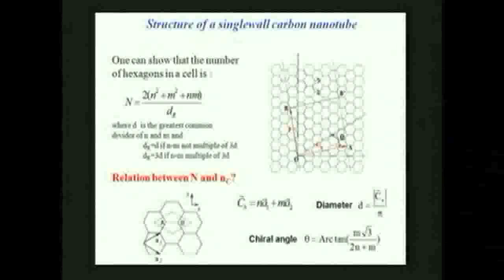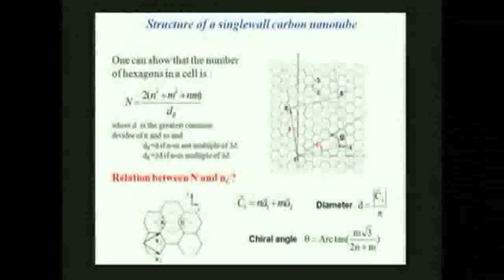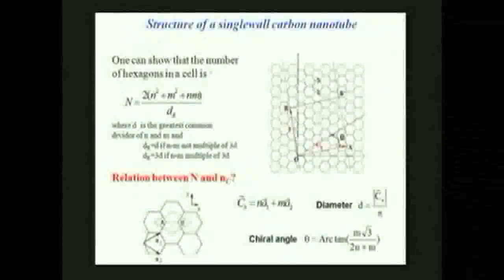How many hexagons do you see in the unit cell? Yes, you see one hexagon. So in the unit cell of graphene, you have one hexagon and 2 carbon atoms.